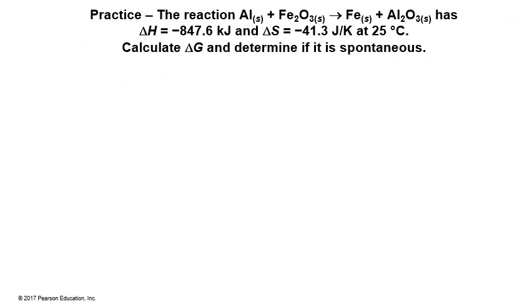All right, so here's a practice for you. Pause the video and see if you can determine if this is a spontaneous reaction or not. Again, we're going to have to do some conversions. So we want to find our temperature in Kelvin, which is going to be equal to 298. We also need to convert our units, as we have kilojoules and joules.